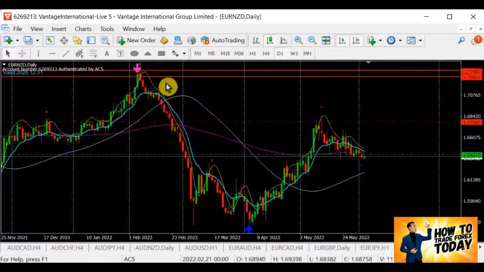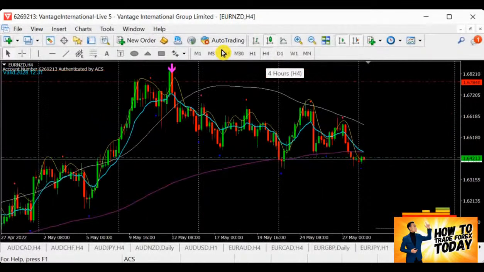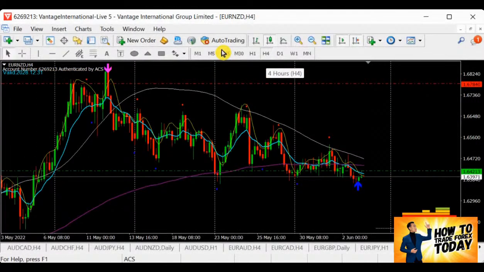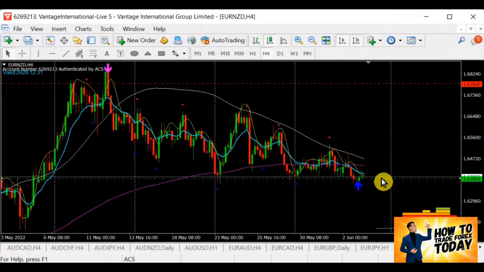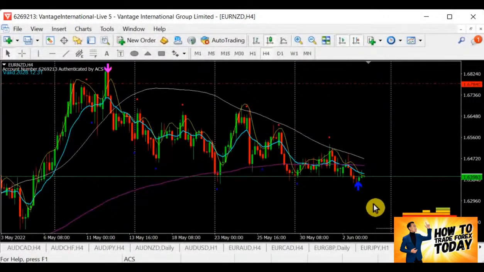All right. So Euro Kiwi is now coming to retest. It's in the retesting mode. Now we are on the support over here. We have a support. Let's move the support. So now we are on the support, which previous support may become a resistance to come back for a retesting.